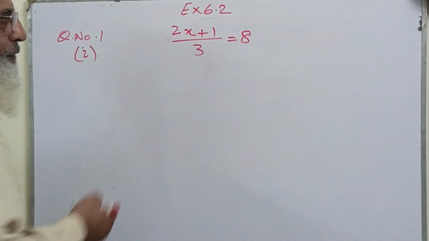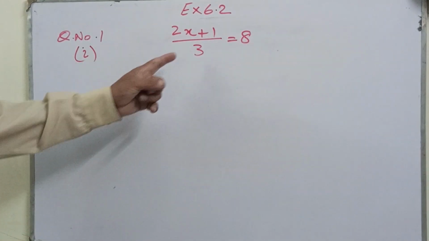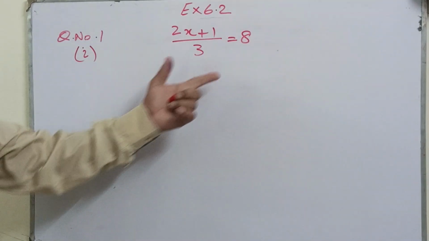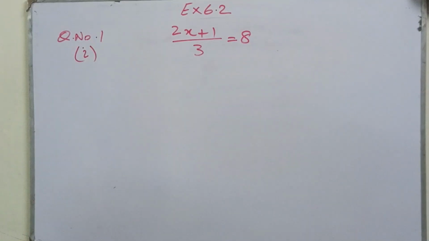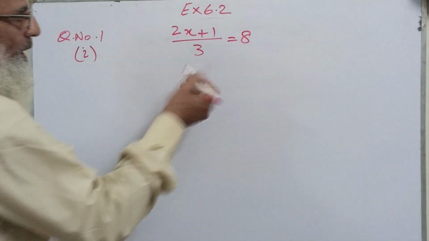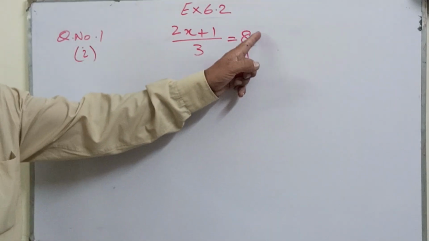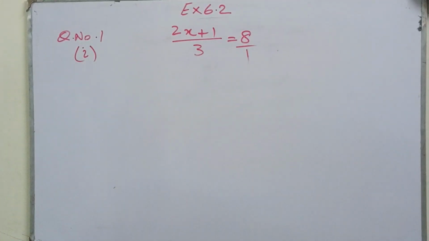Now first of all, instead of removing this 1 from here, what will we do? We'll just cross multiply it. Consider that this is 8 divided by 1. There is always a 1 under a constant when it is written.